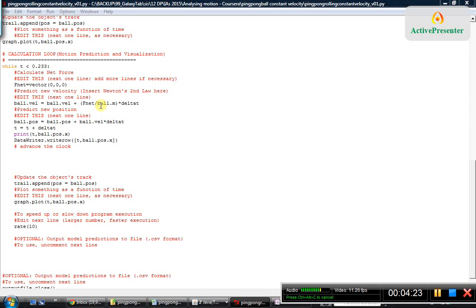Acceleration is net force divided by mass of the ball, and net force is 0, so acceleration is 0. New position is old position plus velocity times time, and then the time is incremented here. Then I print out the values on the screen and in the CSV file, and these two lines will show the graph. So let me run the program and show you.